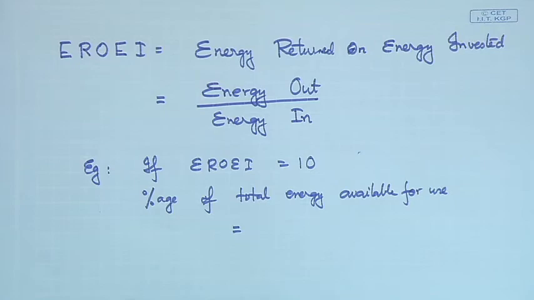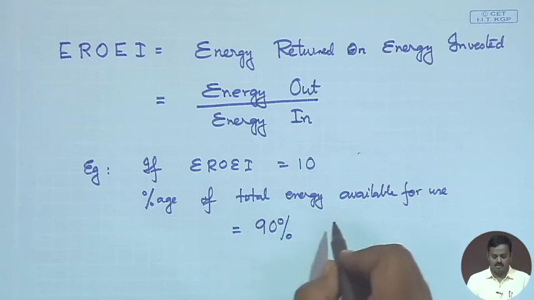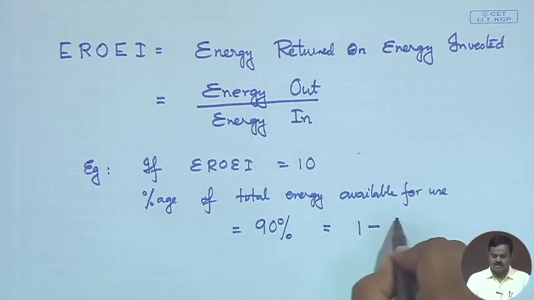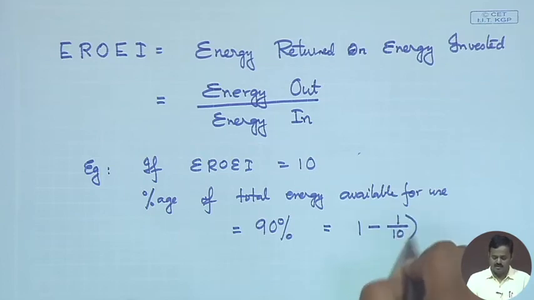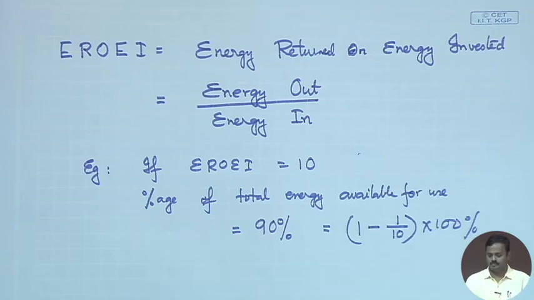So, 10% of the energy that I am getting is lost in producing that energy. Therefore, the percentage of total energy that is available for use is 90%. Why? Because it is 1 minus 1 over 10, times 100%. Clear?